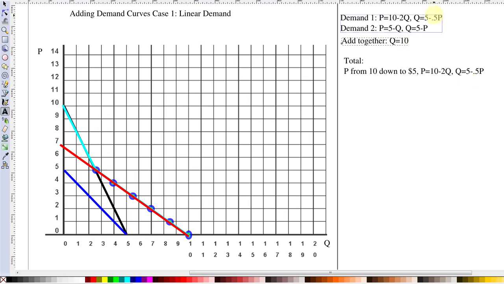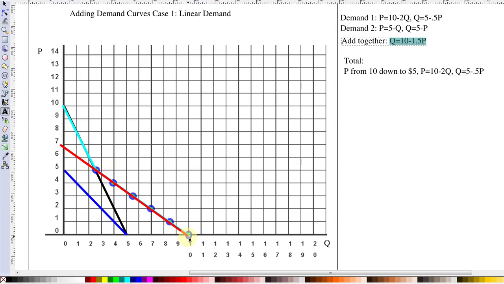And then minus 0.5P, add that to minus 1P, you get minus 1.5P. That is what you get when you add those two equations together. This is the equation of this red line. It's the equation of the red line.